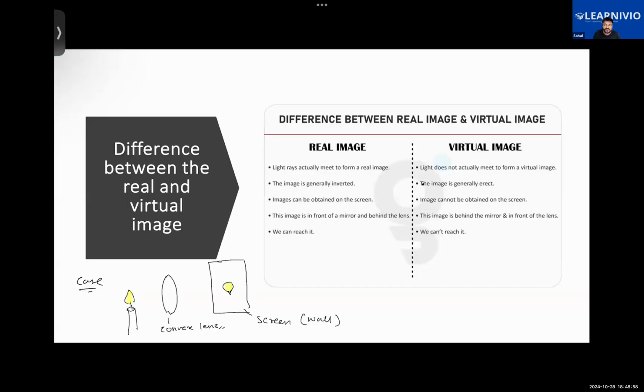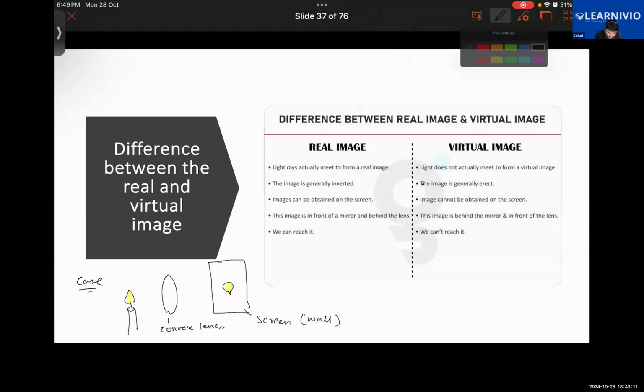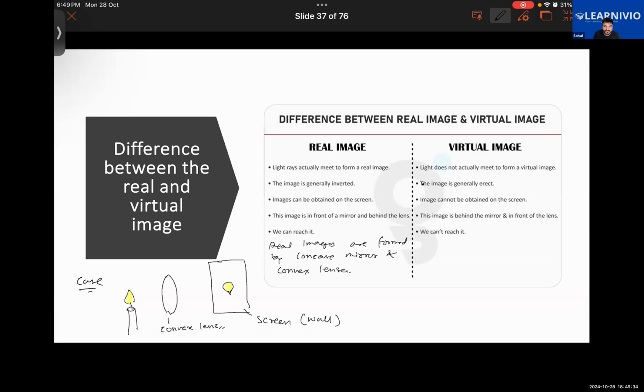Plus, let me also tell you in which situation each is formed, meaning using which kind of mirrors and lenses a real image can be formed. Real images are formed by concave mirrors and convex lenses.